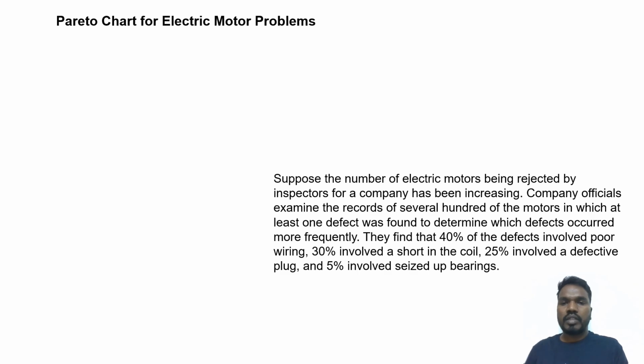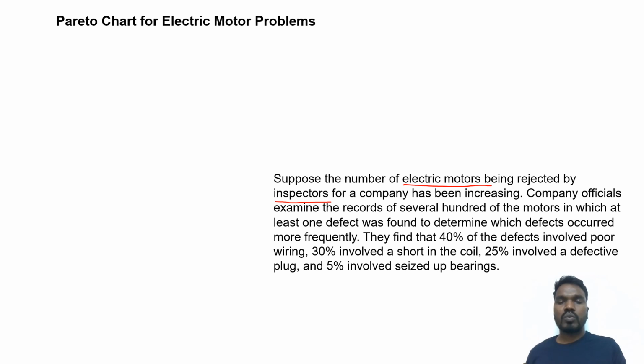So let me take one example. Suppose we have a company which deals with electric motors, and these electric motors are rejected by the inspector when he goes for quality inspection. So company officials wanted to know why they got rejected and what the major reason is.